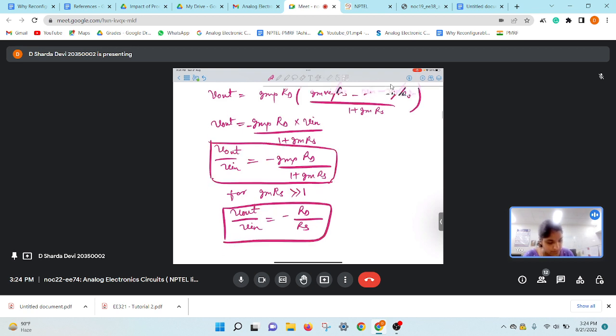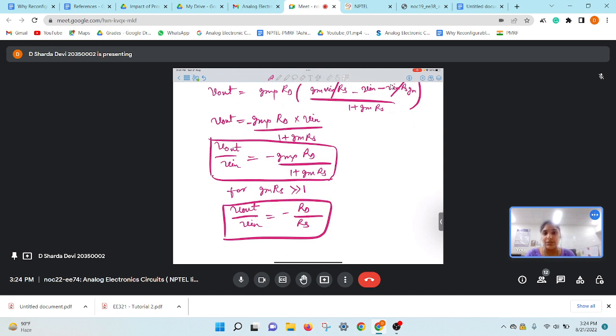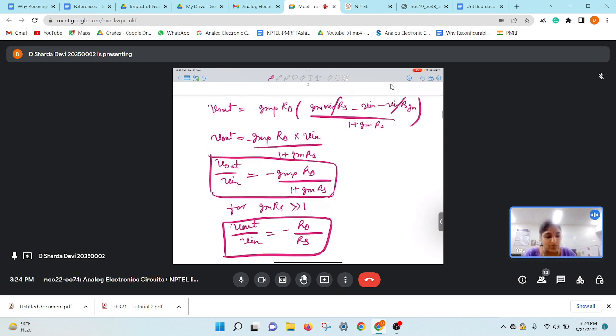So we got the gain. This is clear to everyone? Any doubts? So we have got the gain, and the gain turns out to be minus RD by RS. So we have tried to solve the circuit.